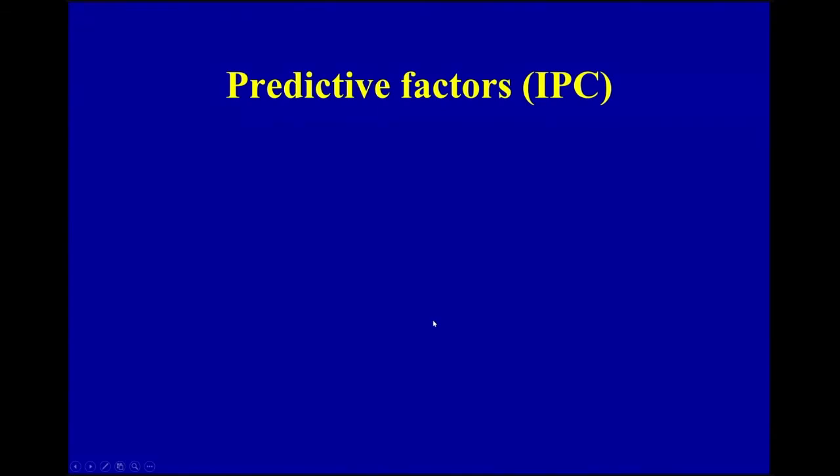The thing that you need to know about indirect pulp capping is that there are two factors that are important for the prognosis of these cases. One is the fact that when you use MTA compared to other materials, that has a positive impact.